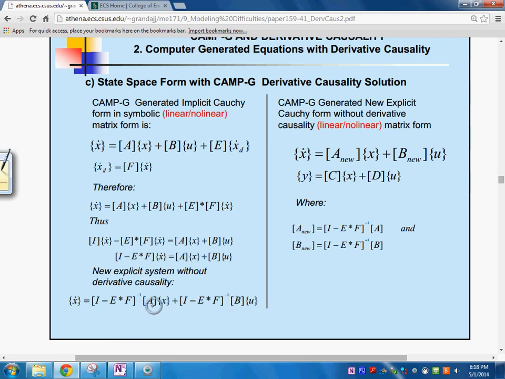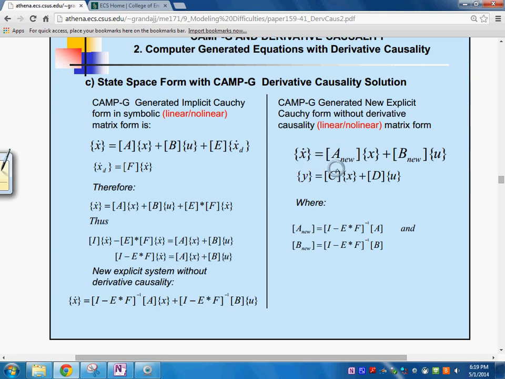So modify the I, the E, and the F matrix, but this is the way we find the new state space form.